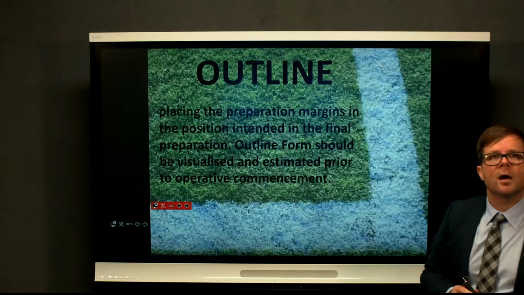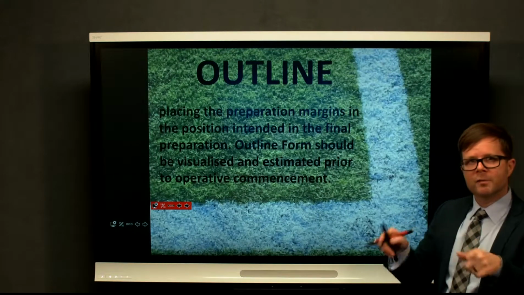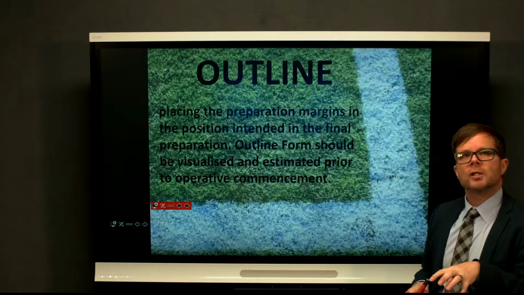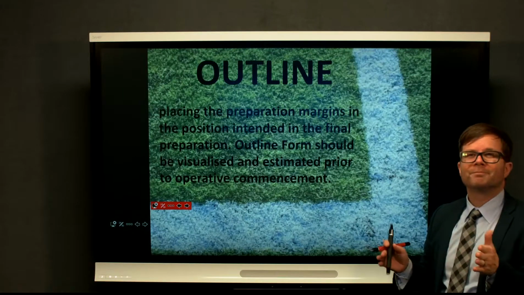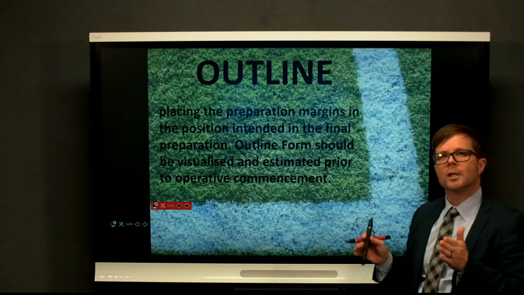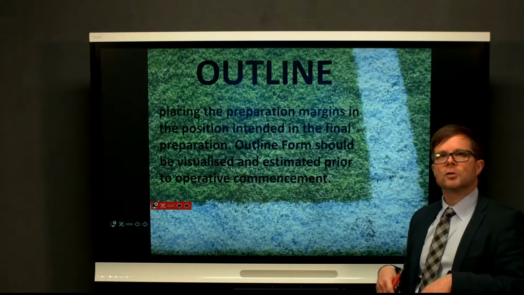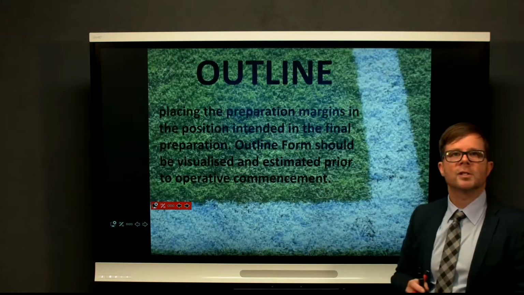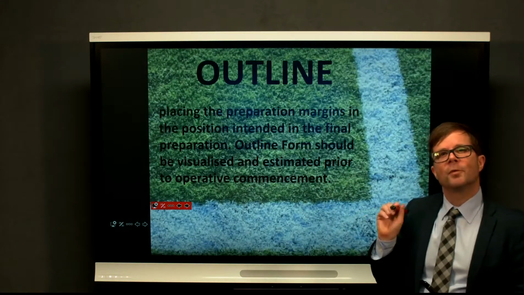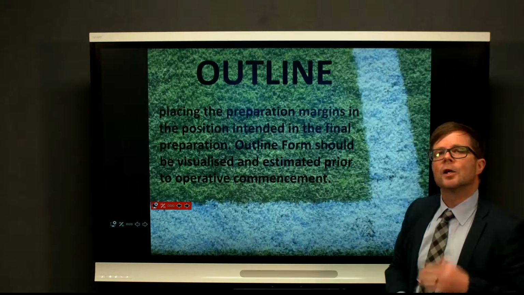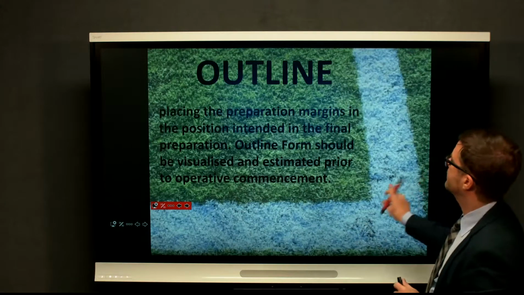And according to this slide, placing the preparation margins, so the margins of the cavity, in a position where they are optimally placed to eliminate unsupported enamel, but trying to preserve as much tooth tissue, particularly cusps and marginal ridges, is our outline form. And what this is actually saying is that you should think, before you pick up the handpiece and start cutting, you should be very clear about what your final outline form is going to look like.